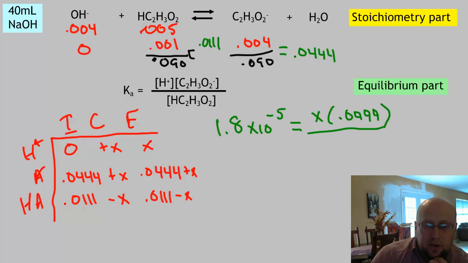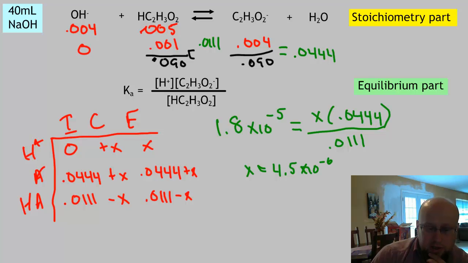And that allows us to calculate everything on the left side of the equivalence point. So we solve that and we get a value of x equals 4.5 times 10 to the negative 6th. That gives us a pH value of 5.35.